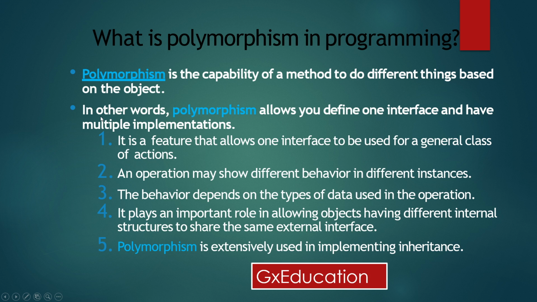In other words, polymorphism allows you to define one interface and have multiple implementations. Suppose you have multiple implementations and one single interface, then we use polymorphism here.